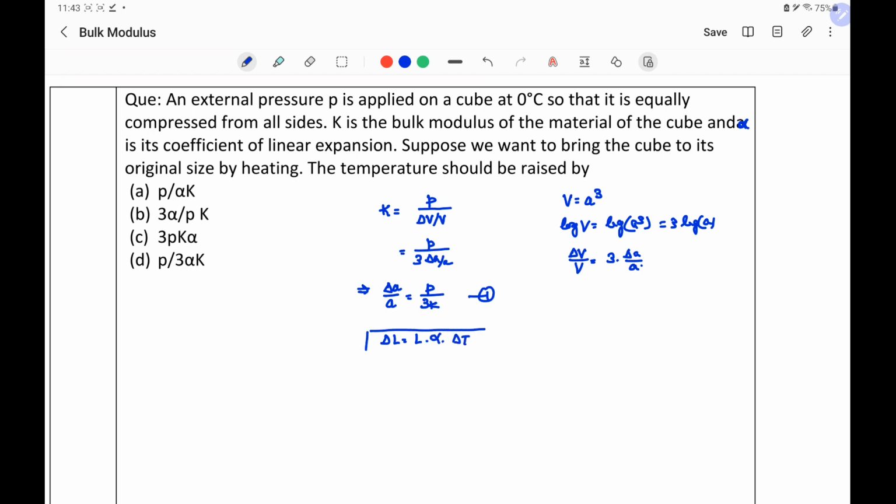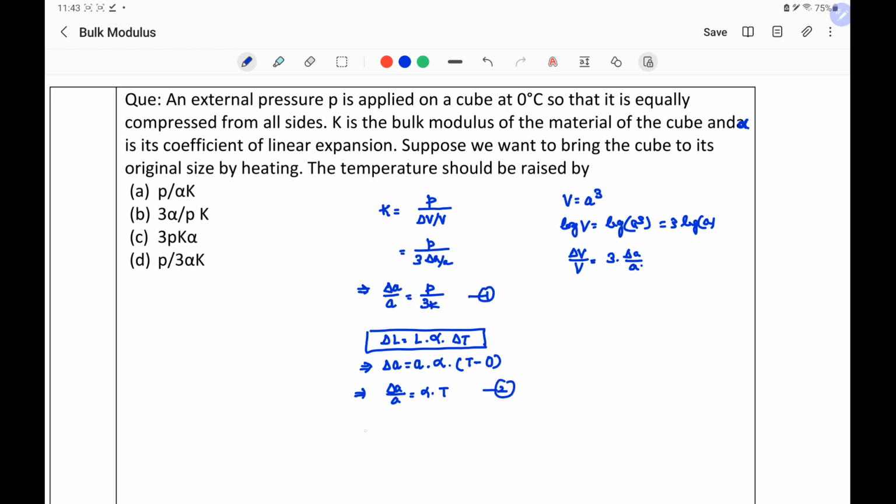Applying this formula in the present case, our side is A, so the change in length is delta A, the original length of the side is A, the coefficient of linear expansion is alpha, the final temperature is T, and the initial temperature is given as 0. So this implies that delta A by A is equal to alpha into T. This is our equation number 2.